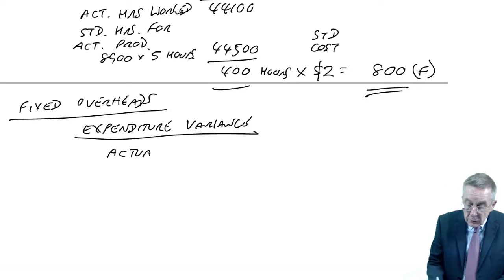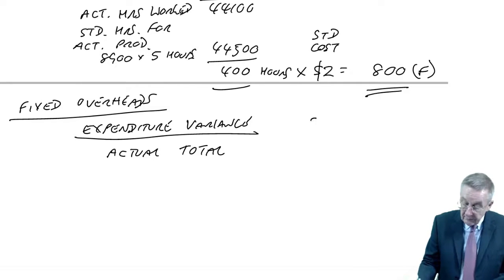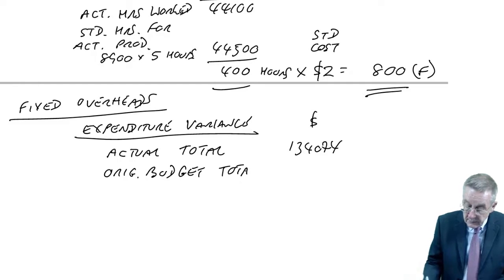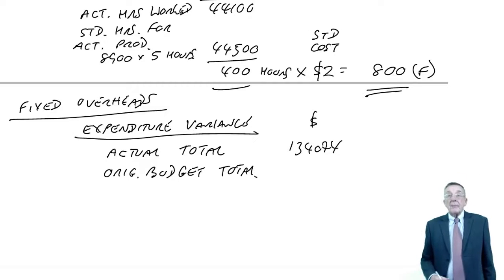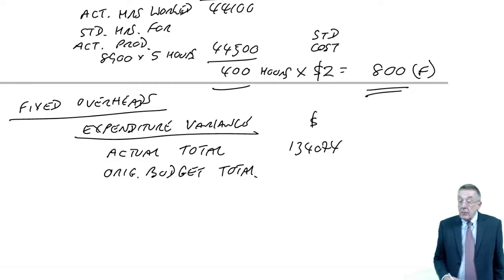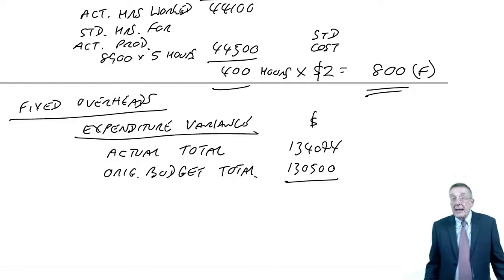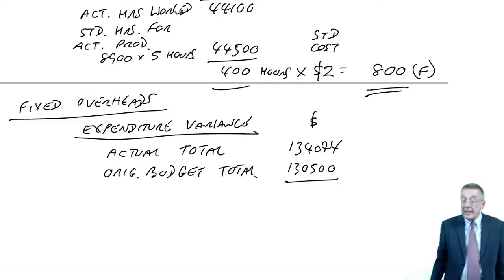We compare the actual total expenditure, 134,074, with the original budget total. In the original budget, we were budgeting on 130,500. And that really is, whatever else I've said, what it should still have stayed at.